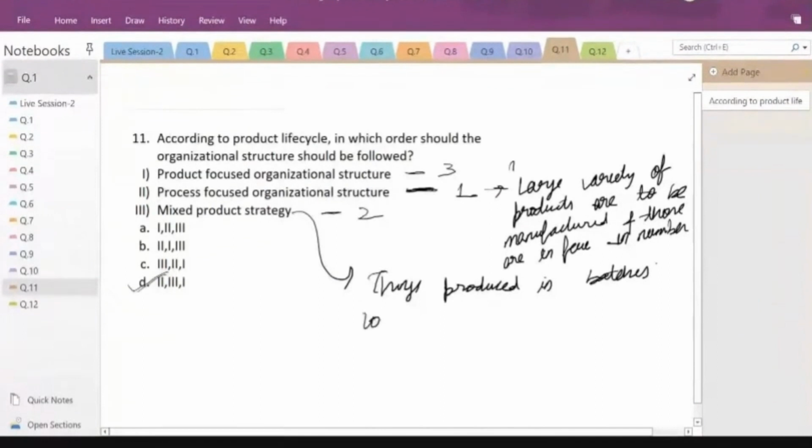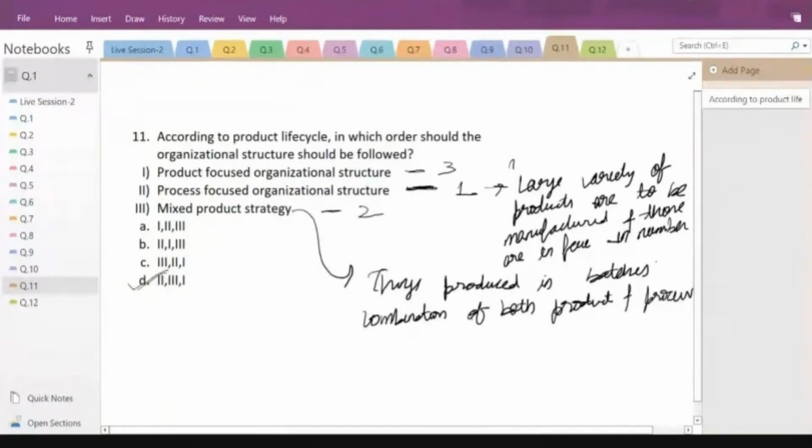And here it is a combination of both product and process.